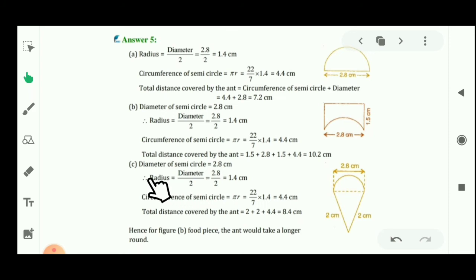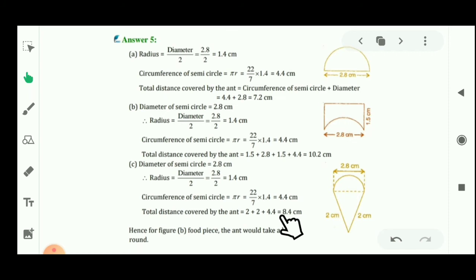Let's see the last part. You can see its diameter is given, that is 2.8 centimeter. Now we have to find out the radius. When we find out the radius, its value will be 1.4 centimeter. Now students, we have to find out the circumference of the semicircle, that means pi r. 22 upon 7 multiply 1.4, that means 4.4 centimeter.